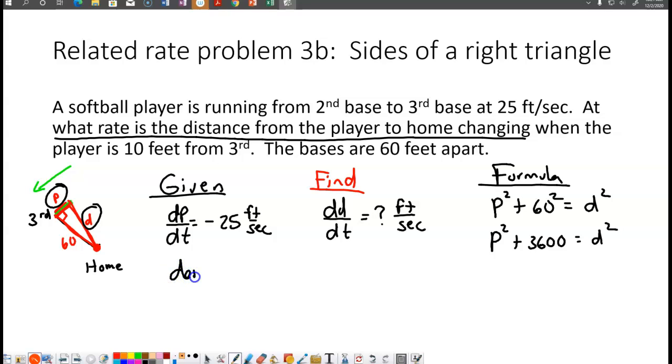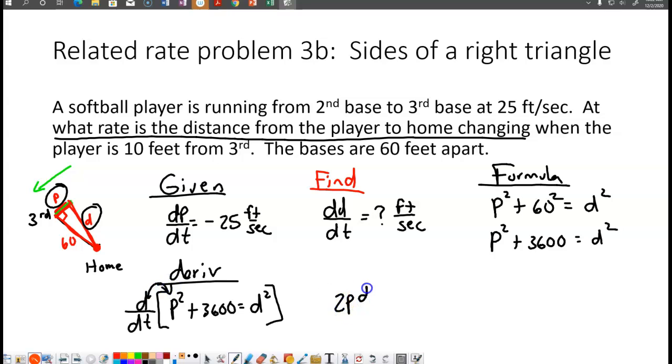Next, we want to find the derivative. The derivative of P squared with respect to time is going to be 2P dP/dt. The derivative of 3600 is 0, so I just won't include that. And then the derivative of D squared is 2D dD/dt.